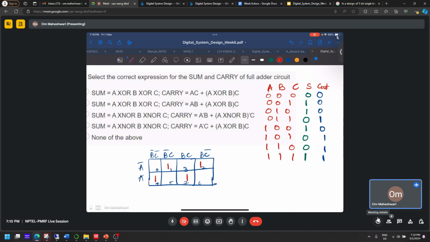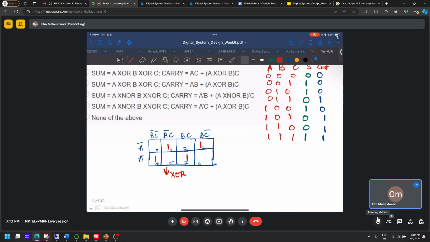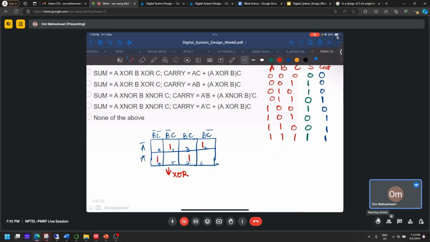None of these make a pair, and this is the characteristic of XOR. You can write it as A bar B bar C plus A bar B C bar plus A B bar C bar plus A B C. This is A XOR B XOR C.